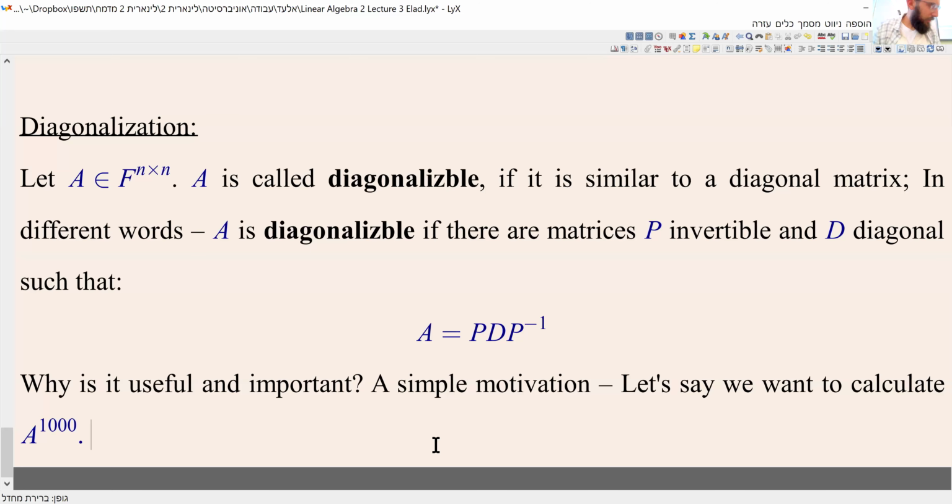And when the character takes 1,000 steps, we actually multiply its current position with 1,000 matrices. So we want to calculate A to the power of 1,000.